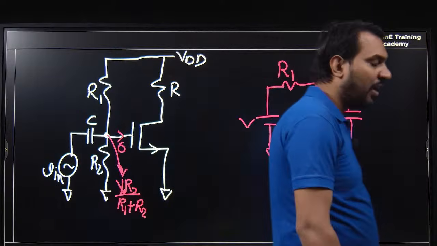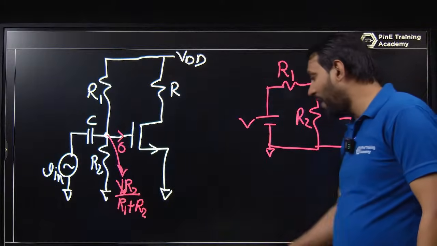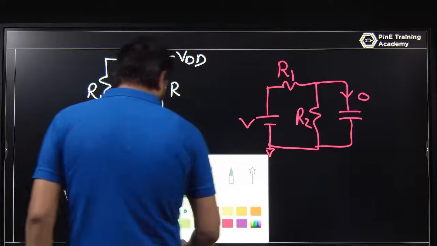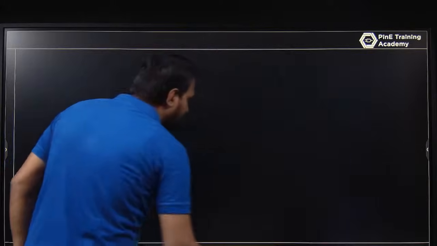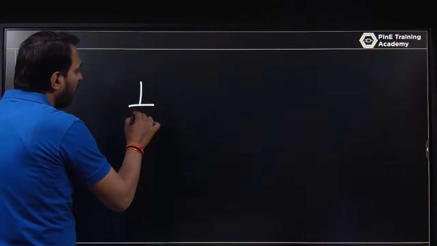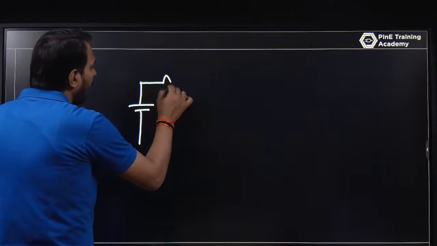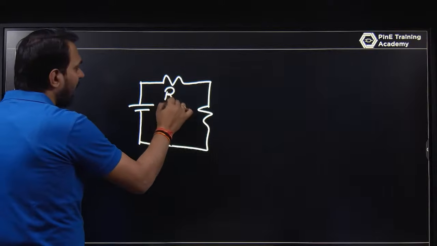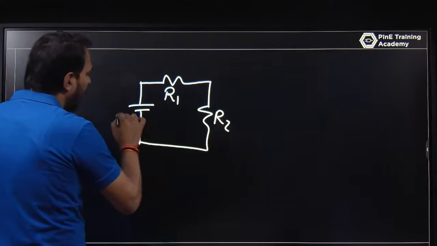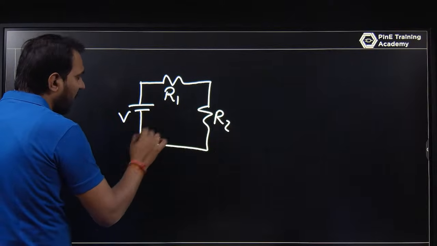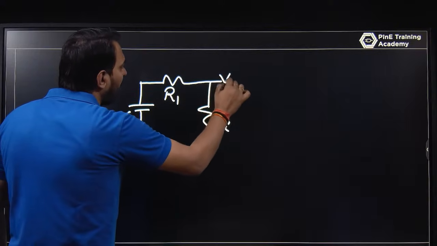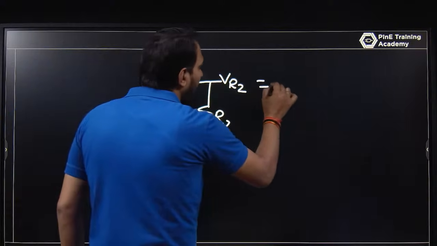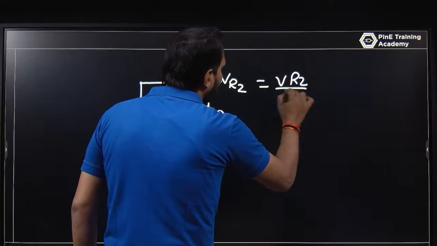What is the meaning of that? Take a simple circuit. You have a voltage, and two resistances. Let this be R1, this be R2, and you have V. By the potential divider, VR2 is V into R2 upon R1 plus R2.